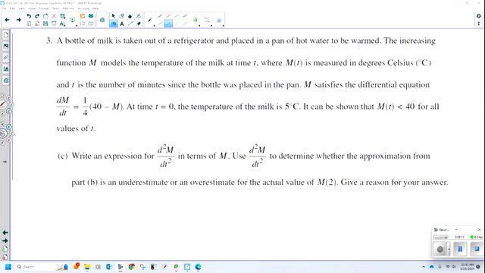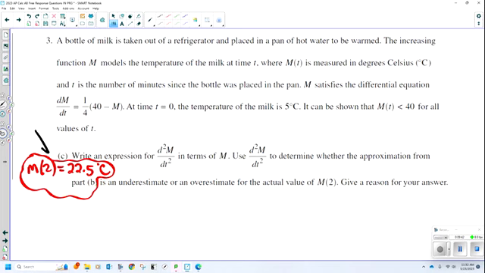Then use that second derivative to determine whether the approximation from part B, which we said was m of 2 equals 22.5 degrees Celsius, is an underestimate or an overestimate for the actual value of m of 2. Okay, and then it says give a reason for your answer.